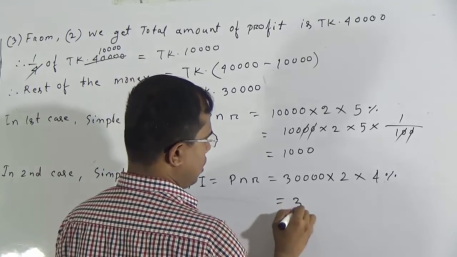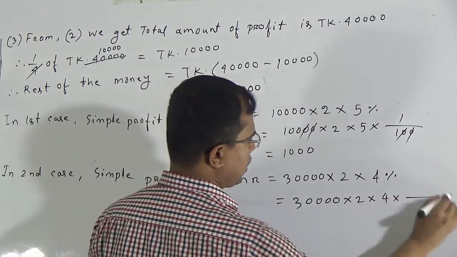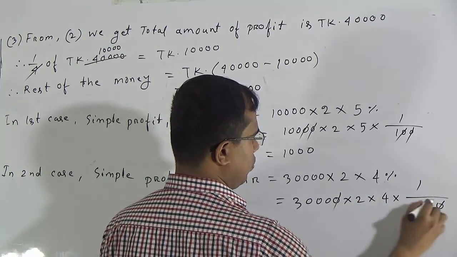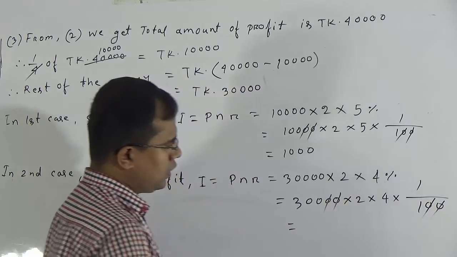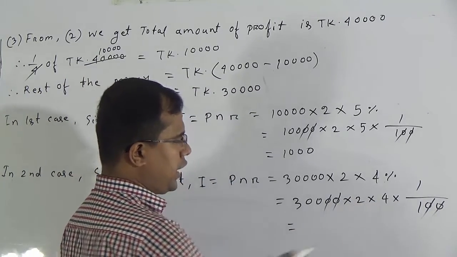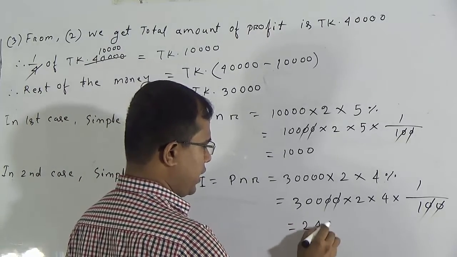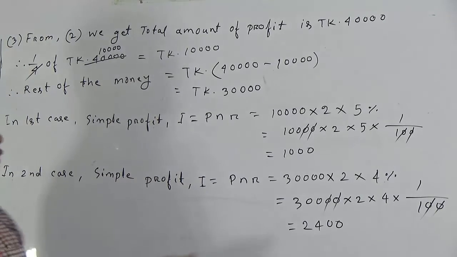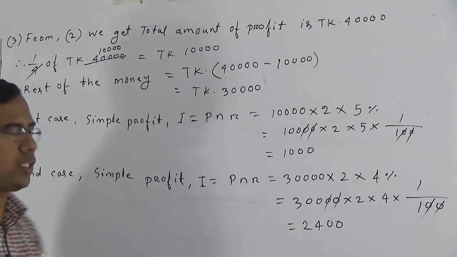Now 30,000 multiplication 2 multiplication 4 multiplication, instead of percentage we will write 1 by 100. We can cut this 0 with this 0 and this 0 with this 0. Now here 4 2s are 8 and 8 3s are 24, 2400. So total amount of profit will be TK 1000 plus 2400.